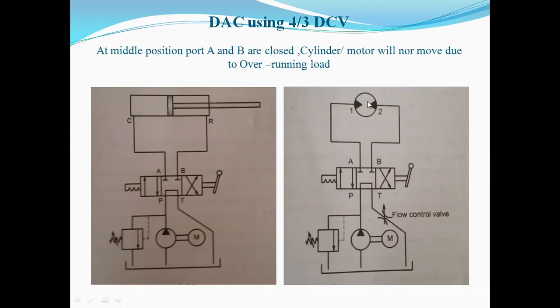If we see the circuit in a practical manner, it is not possible practically to change this case in continuous running operation. What will happen? Suppose in the first case, your actuator is rotating in the clockwise direction.